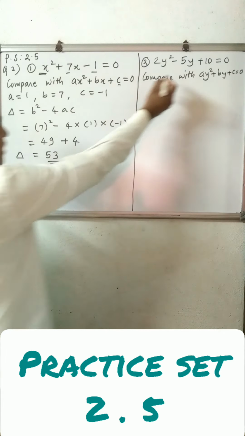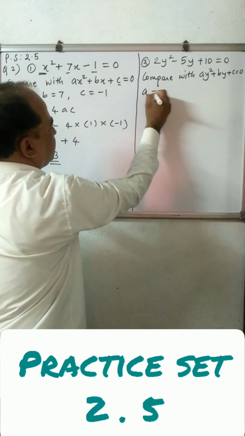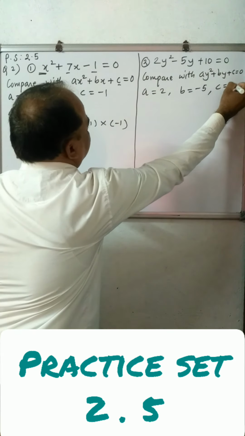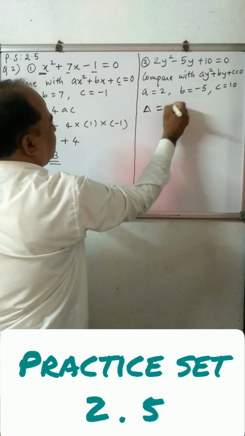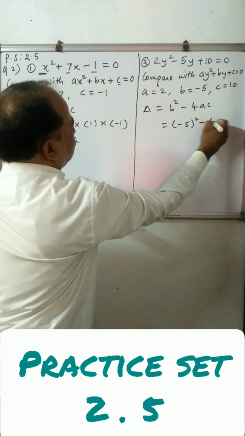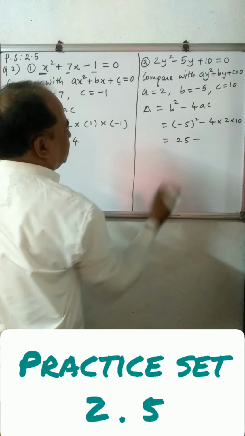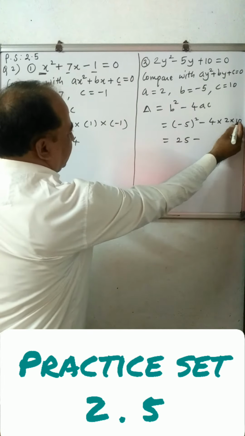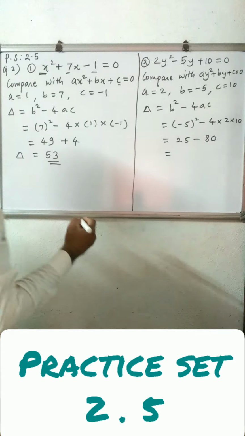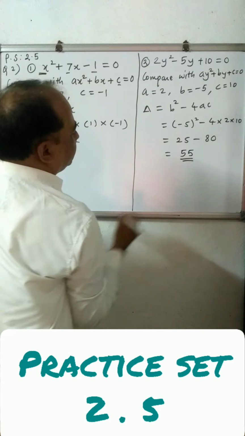Second one, 2y square minus 5y plus 10 equal to 0. Compare with ay square plus by plus c equal to 0. Value of a is equal to 2, b is equal to minus 5 and c is equal to 10. So value of discriminant delta, b square minus 4ac, is equal to minus 5 square minus 4 into 2 into 10, that is 25 minus, 4 twos are 8, 8 tens are 80, which is equal to 55.